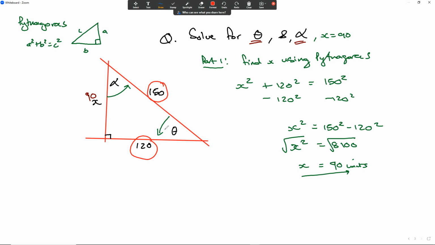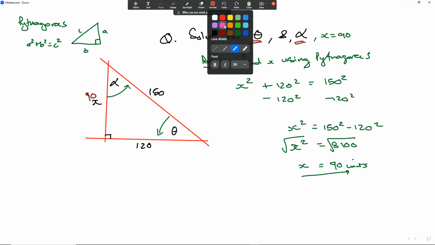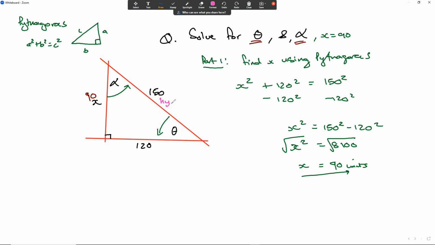So ideally what I'm going to do is use 120 and 150. I'm going to label this the hypotenuse, and I'm going to label this adjacent. And I'm going to solve for this angle first, because this angle is adjacent this way, and the hypotenuse is opposite that way.